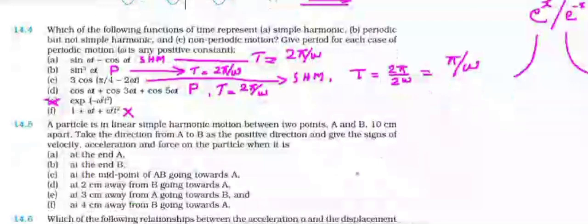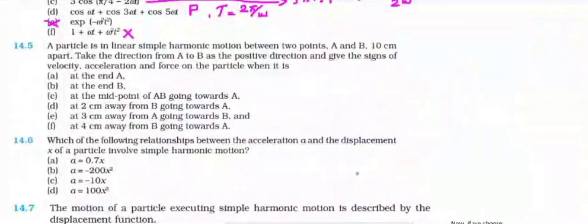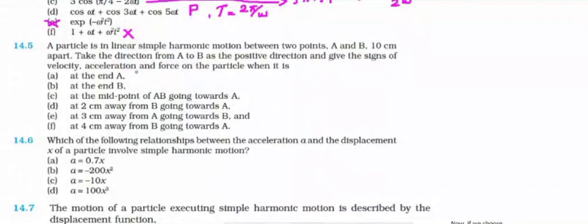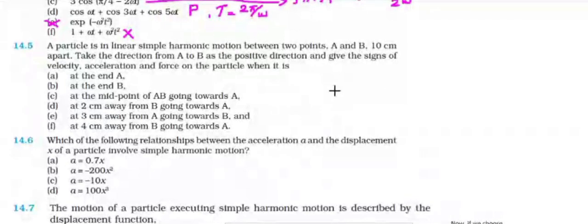Then next, question 5. A particle in linear simple harmonic motion between 2 points A and B, 10 cm apart. Take the direction from A to B as positive direction and give signs of velocity, acceleration, and the force on the particle. Here the particle oscillates over 10 centimeter.